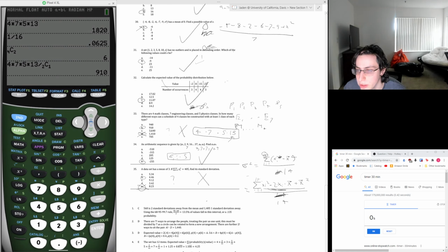We can also separate summations. So we know what this is. We know the sum of that is equal to 405.